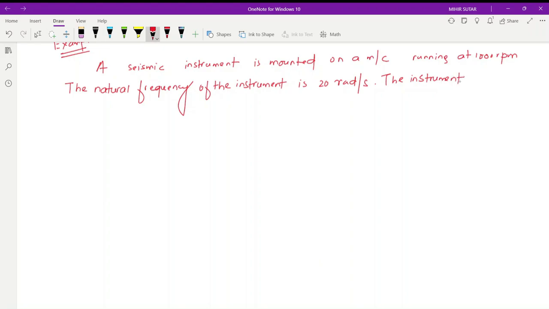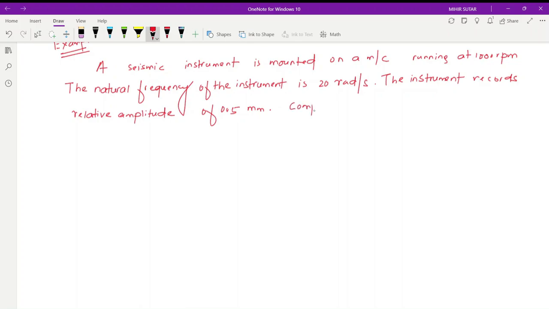The instrument records a relative amplitude of 0.5 mm.